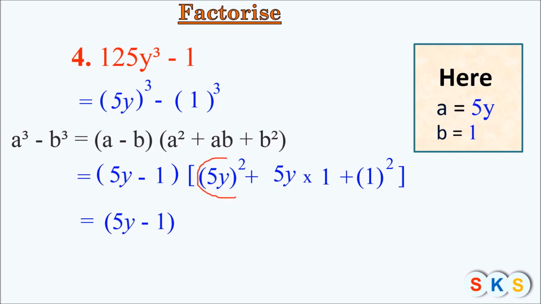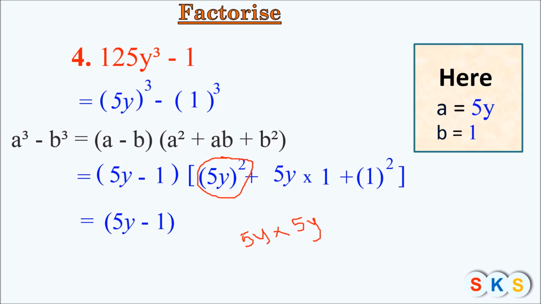What do you mean by 5y the whole square? It means 5y into 5y, and 5y into 5y gives us 25y square. So in place of 5y the whole square, we will write 25y square.